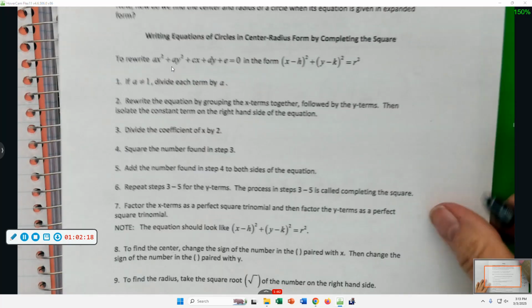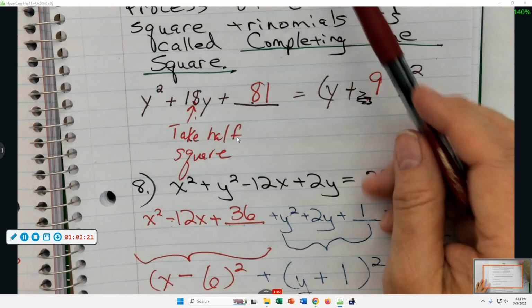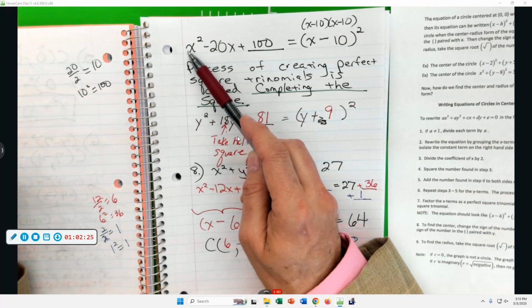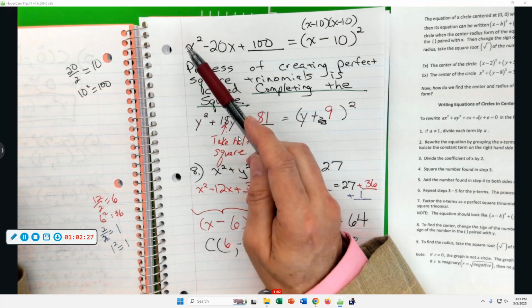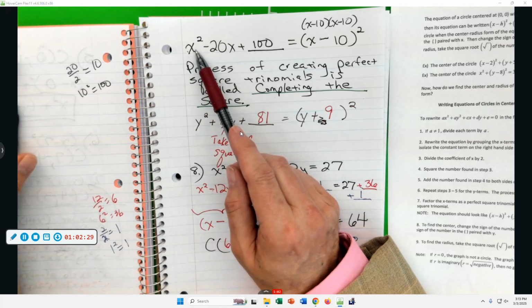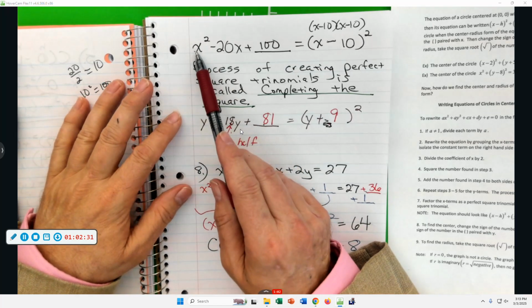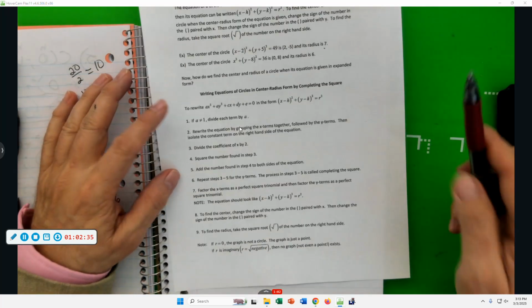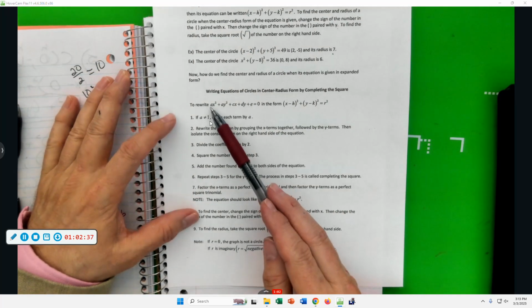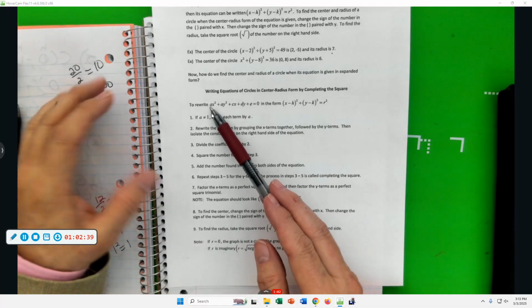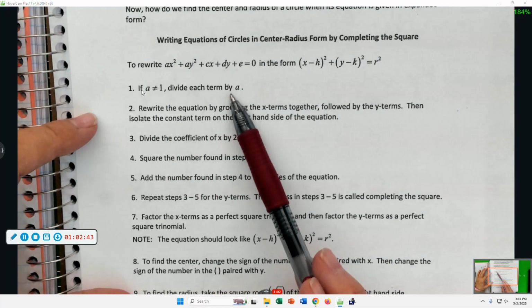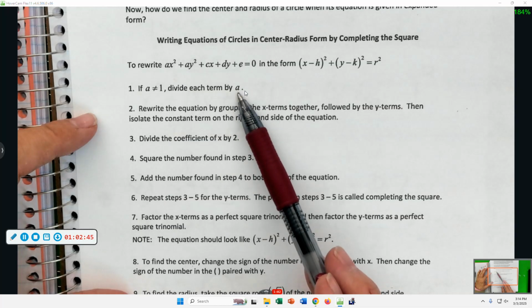Earlier I said, if you're squaring x times x, you're going to get an x squared, not a 3x squared or a 5x squared. If they have a number in front of x squared other than 1, and that does happen in the homework, maybe a 2 or a 3 in front of the x squared, you're going to have to divide every term through by that a value.